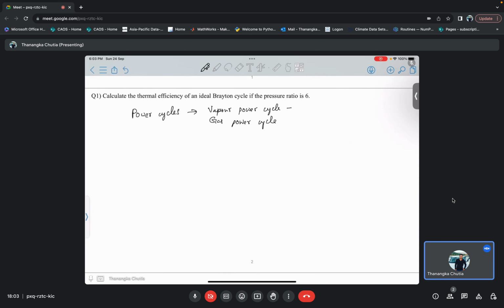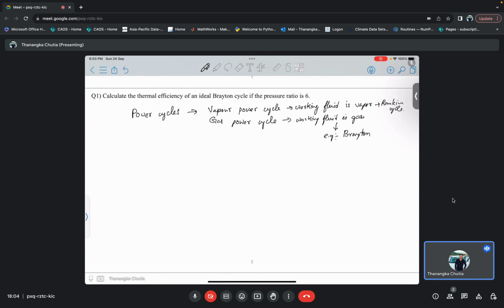Here the working fluid is vapor, and here our working fluid is gas. So the Brayton cycle is an example of a gas power cycle, and this example is a Rankine cycle, which we have already studied.